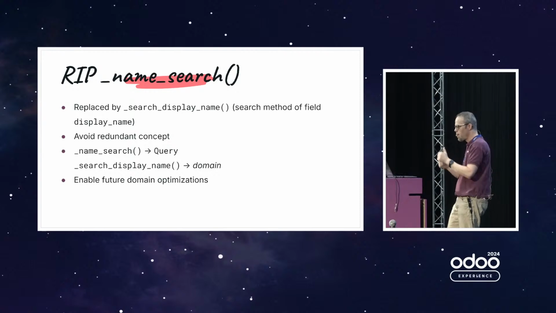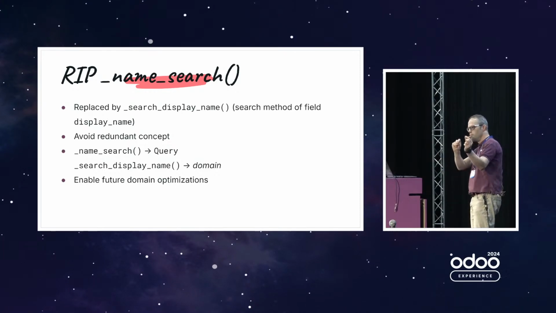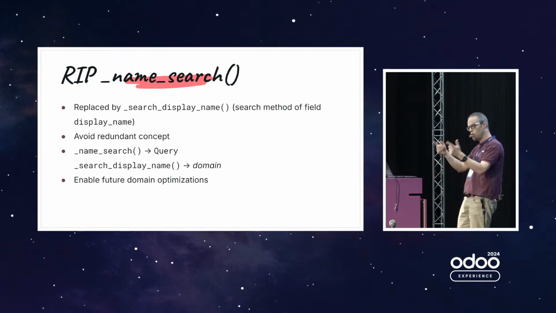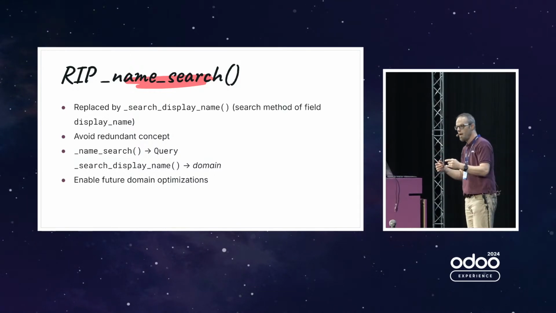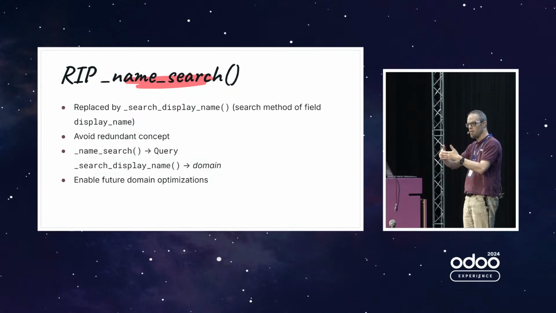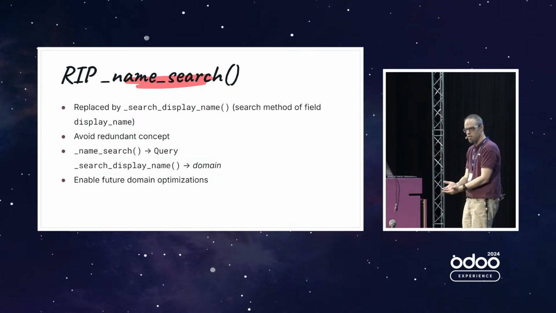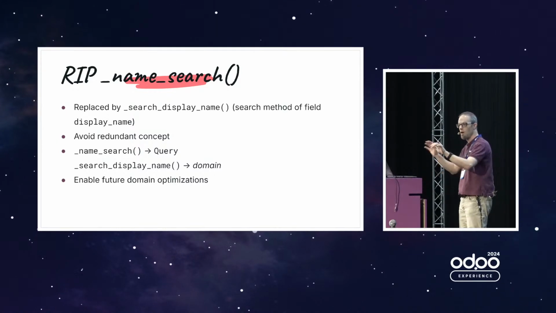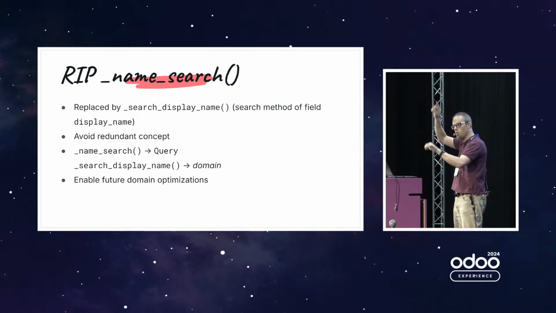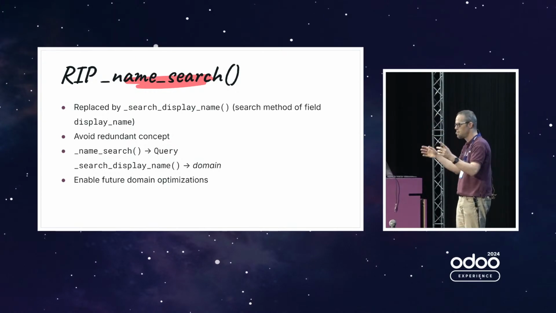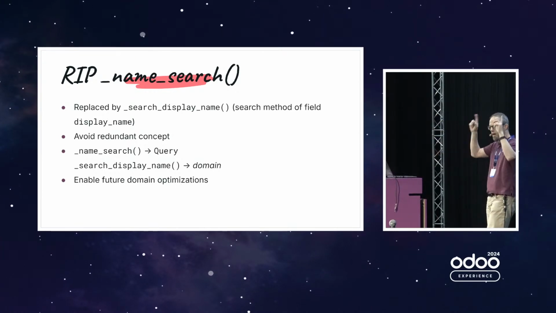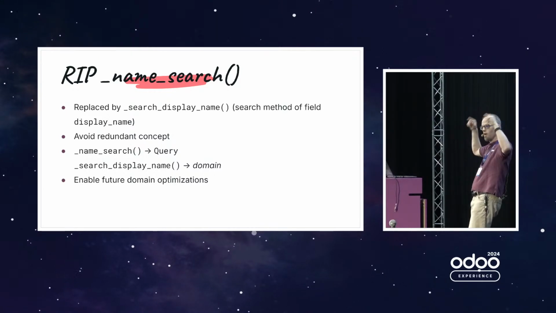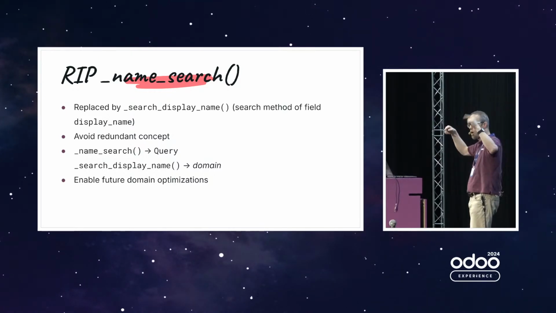So we moved to search display name, which returns a domain, which should be equivalent, of course. And when you're processing the domain and you see partner ID like something, you get a domain there. Potentially that domain may be combined with other domains to simplify them. So this per se does not change much, but it enables future domain optimization we want to do.